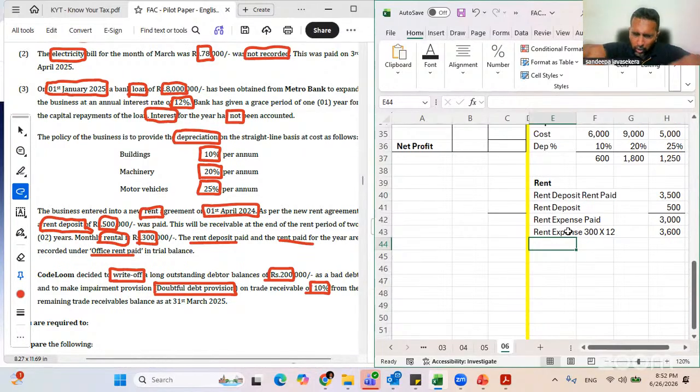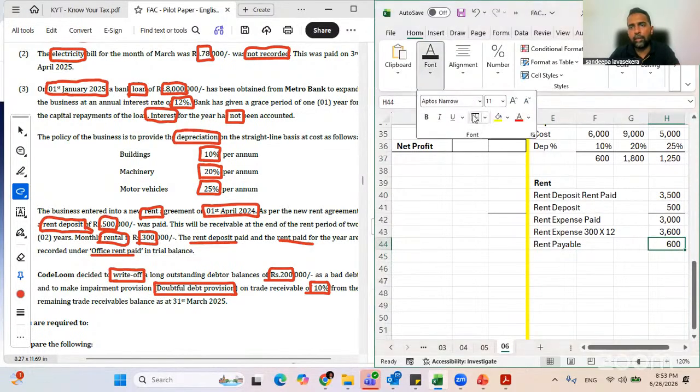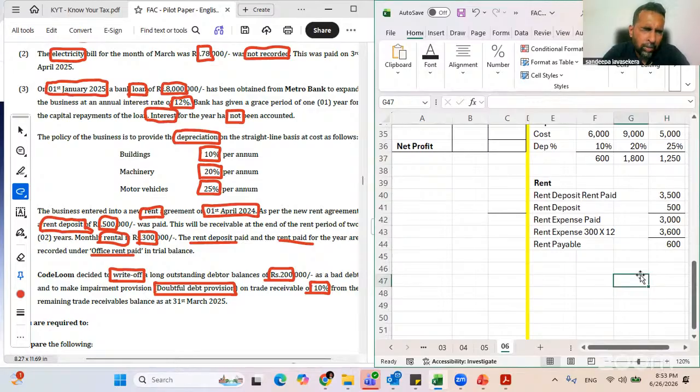So the rent expense you have paid is 3,000, but the rent expense is 3,600. Then the rent payable, how much? You have paid only 3,000. Rent payable is 600. Clear? Out of the rent of 3,600, you have paid only 3,000. So 600 is payable.